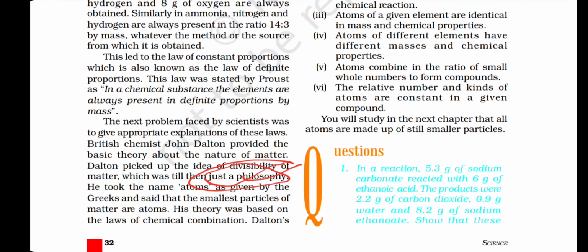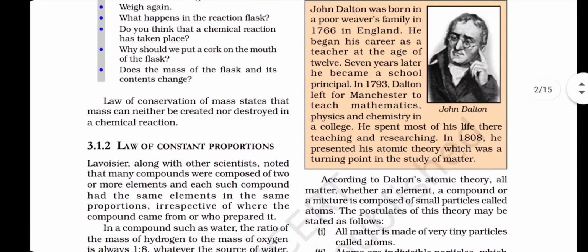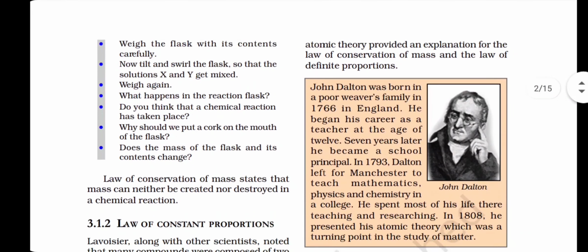He took the name atom given by the Greeks, as given by Democritus, that the smallest particle of matter is the atom. He took this idea, and his theory is based on the laws of chemical combination. This is Dalton's atomic theory. Dalton's atomic theory provides the explanation for the law of conservation of mass and the law of definite proportion.